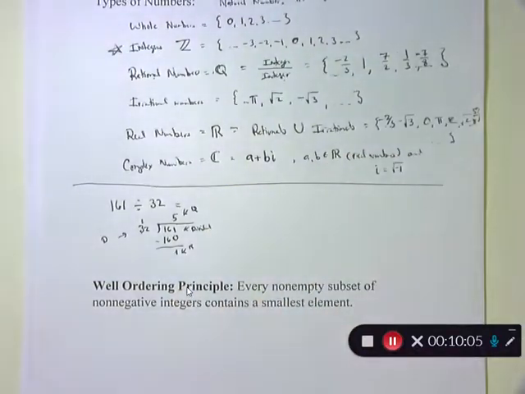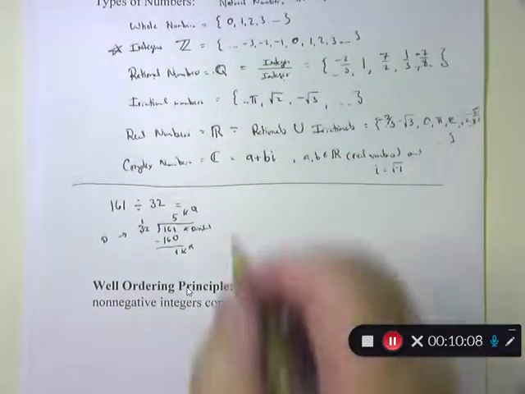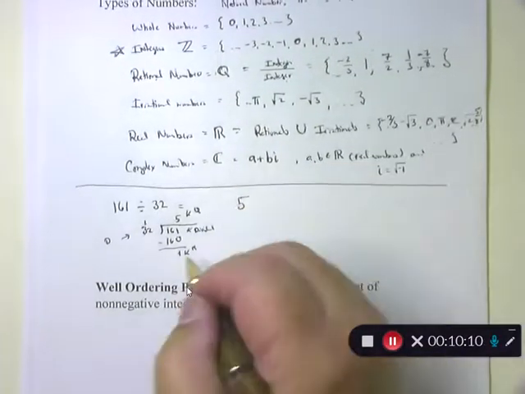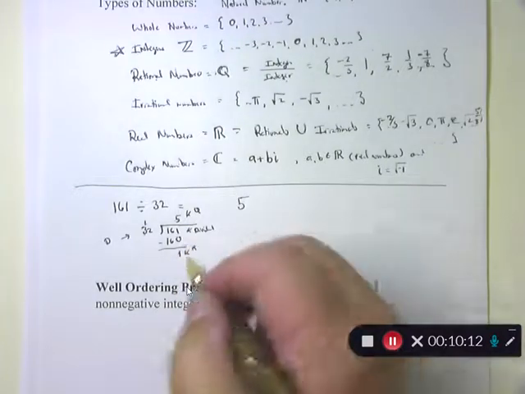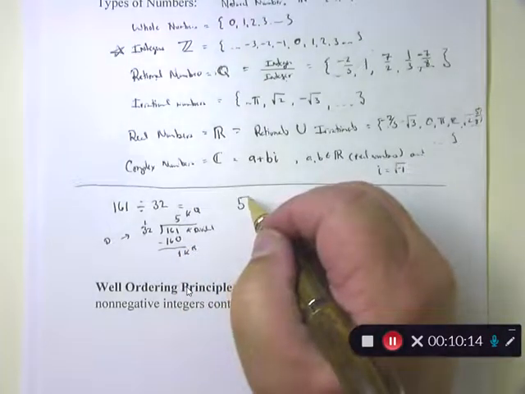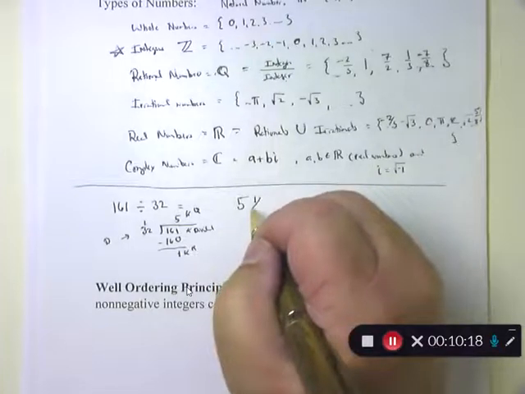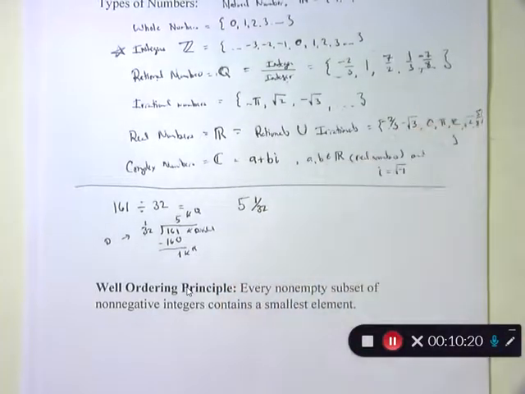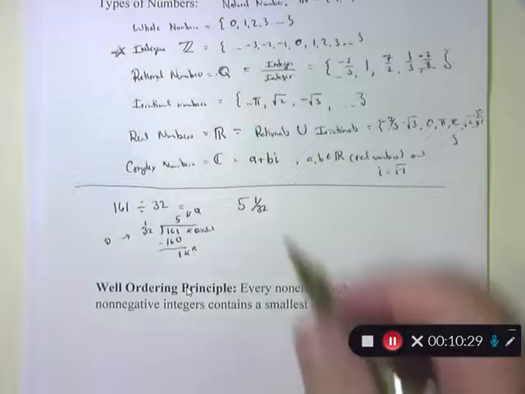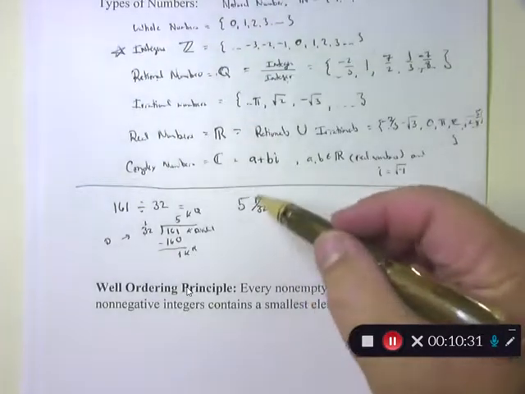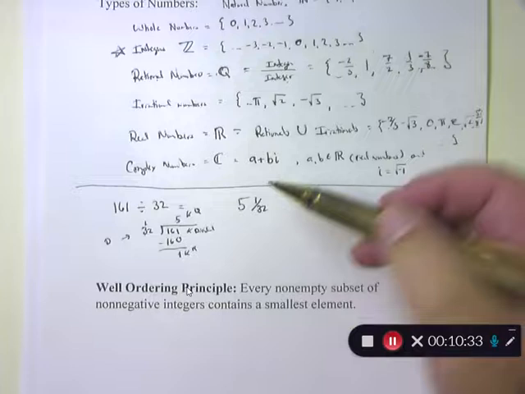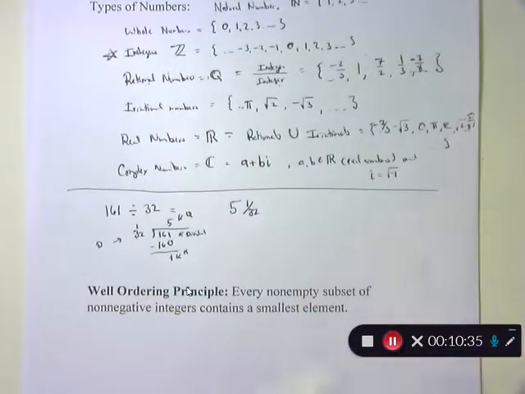So how do we end up writing the answer? Well, the answer is 5. The problem is you have a remainder. So typically we would write the remainder as a fractional part of the answer. It'll be the remainder over the divisor, 1 over 32. And that's the answer: it's 5 and 1 over 32. Well, that's a problem in writing this because you have a rational number here, and you actually don't have just integers.